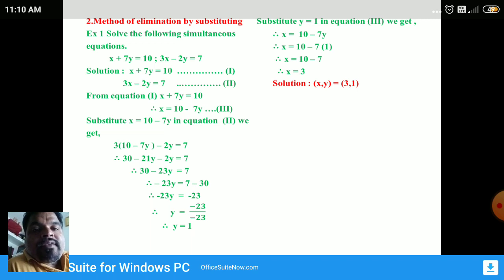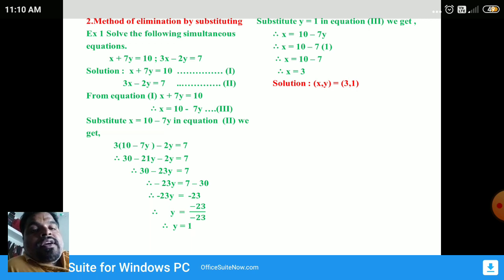From this equation, we find the value of x in terms of y. The value of x is equal to 10 minus 7y. 7y transfer to the other side. Now this is equation number 3. Then this value of x, that is 10 minus 7y, substitute in equation number 2.